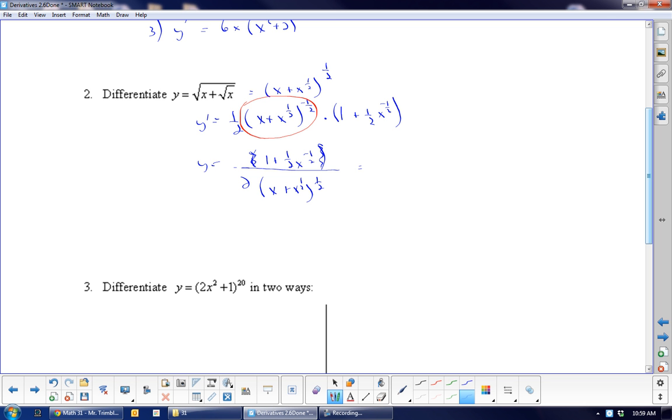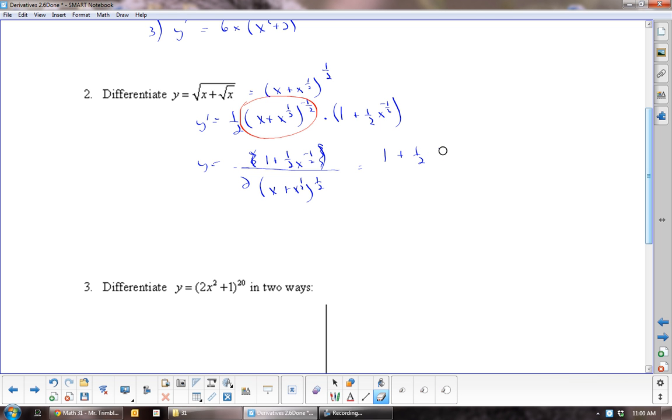So I'm just going to rewrite that as 1 plus 1/2 root x, oh yeah, over root x, sorry, 1 over 2 root x.